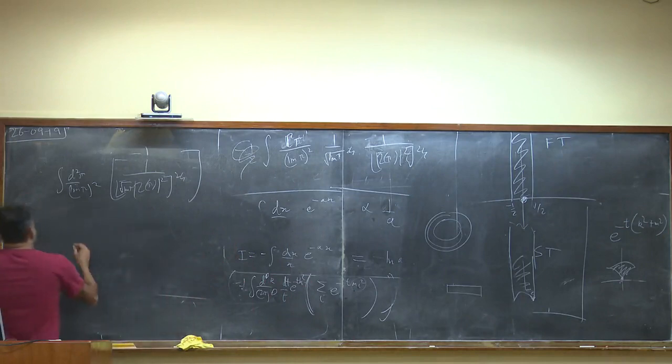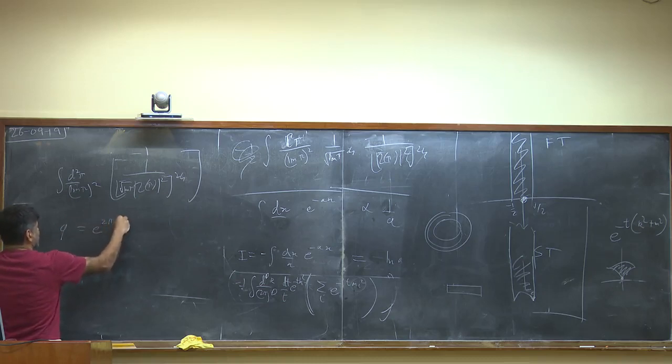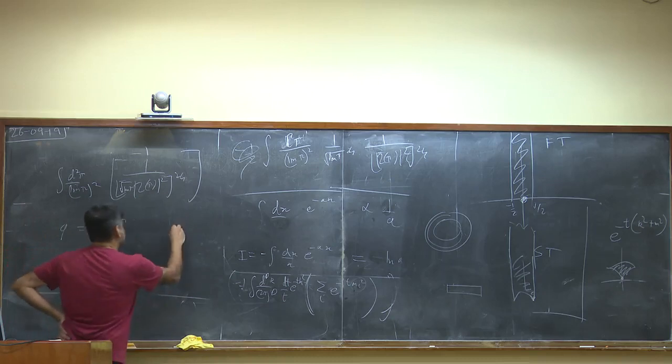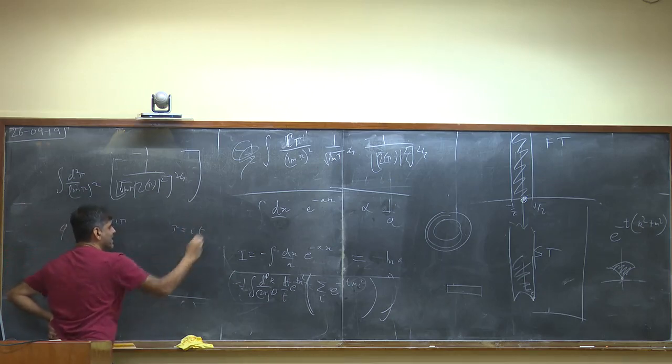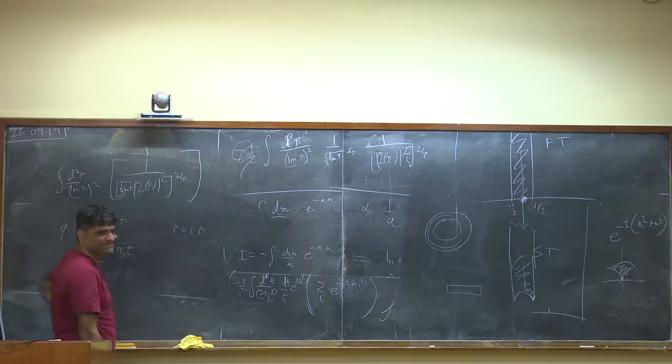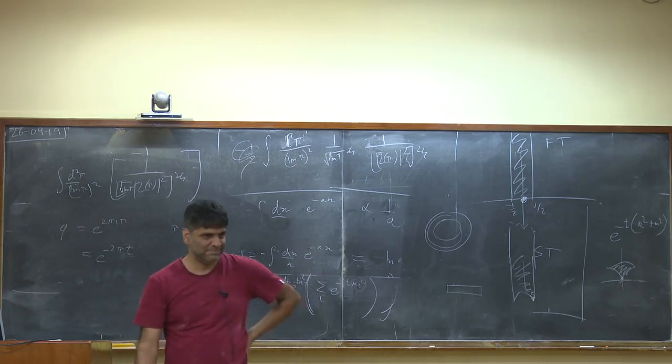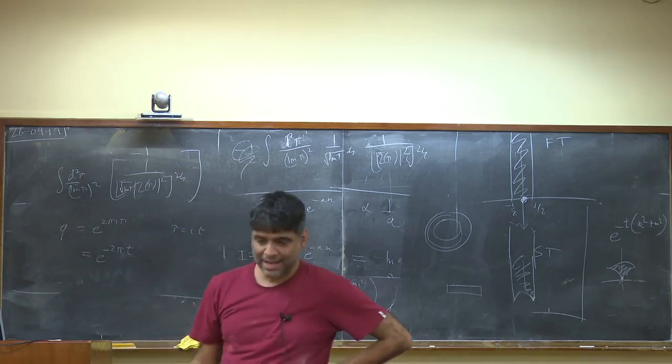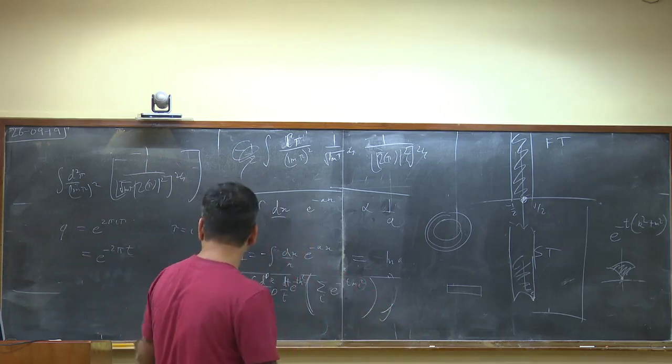Remember q was equal to e to the power 2 pi i tau. So let's set tau equal to it, so q is equal to e to the power minus 2 pi t, and we're looking at very large values of t.